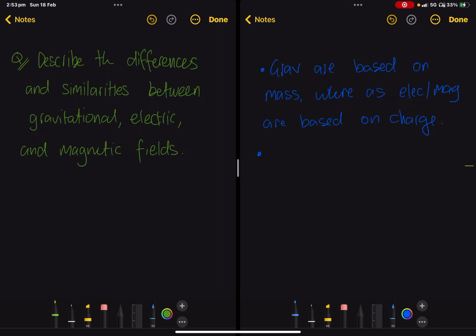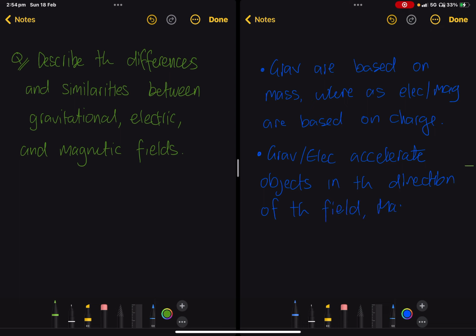Another point that we could make is gravitation and electric fields move objects. We shouldn't say move objects, we should say accelerate objects in the direction of the field.